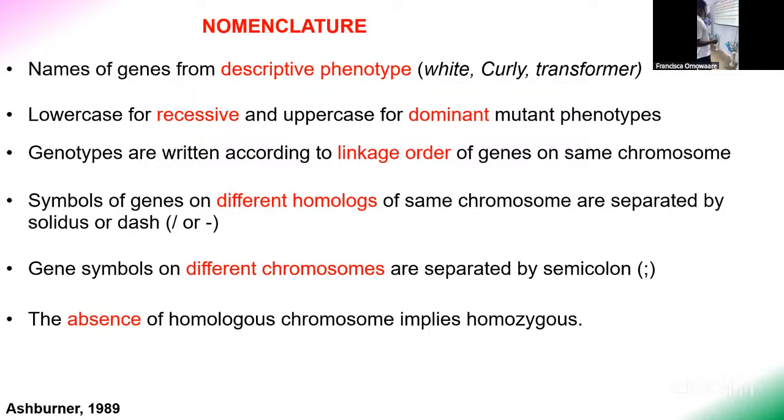All right, so the next thing is that the absence of a homologous chromosome implies homozygous. So let's say someone said, rather than writing white minus over white minus, another way to write it is white minus semicolon KRAS over Curly.